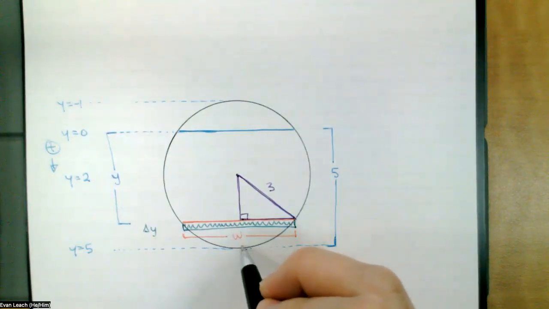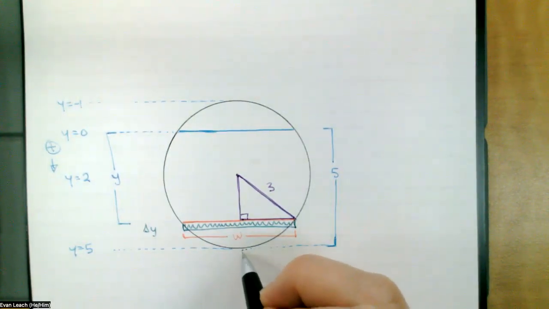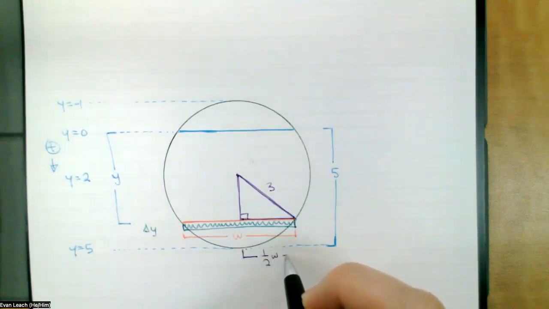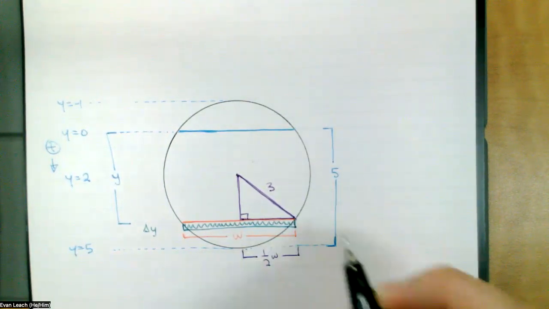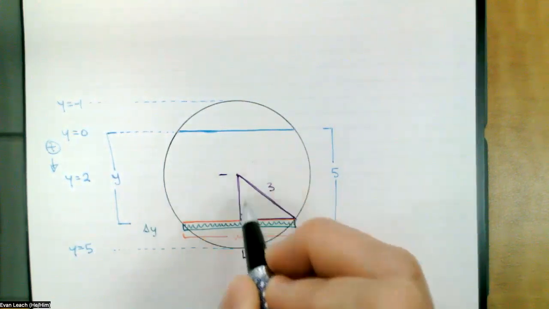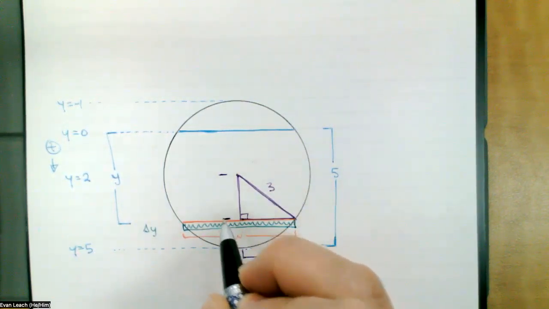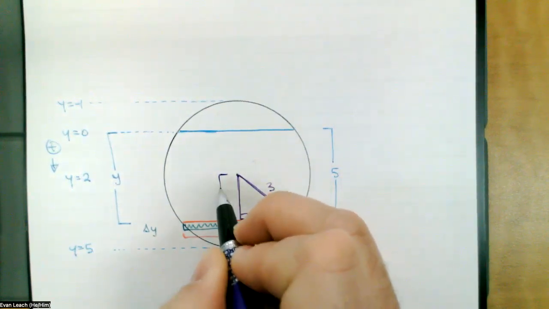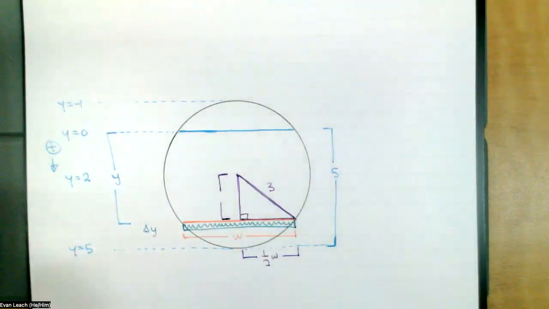Down here underneath the horizontal side is still 1/2 of the width. But this vertical side of the triangle is not the variable that's in play. In the previous formulation, that was just x, but here that's not x.